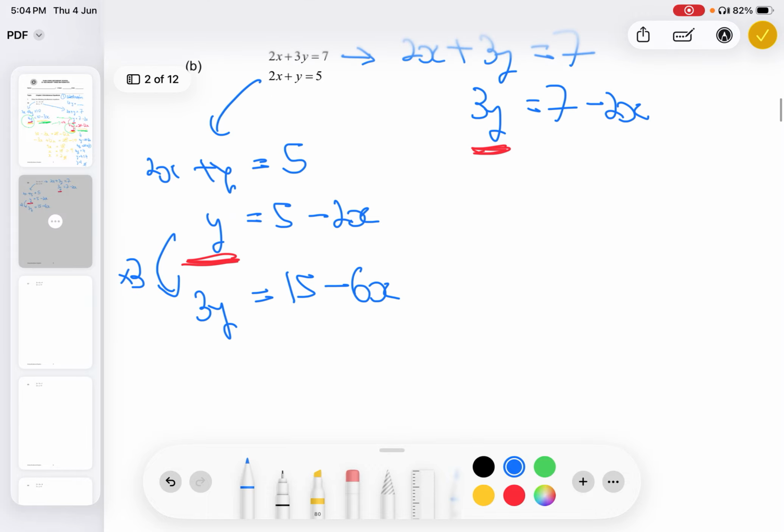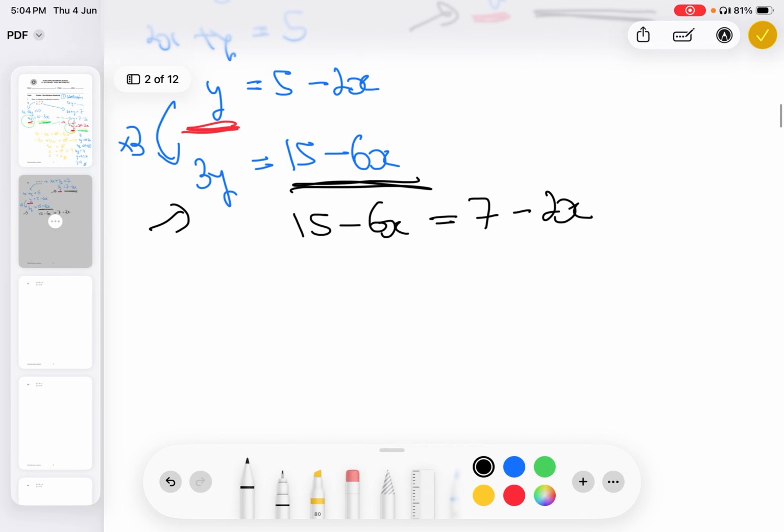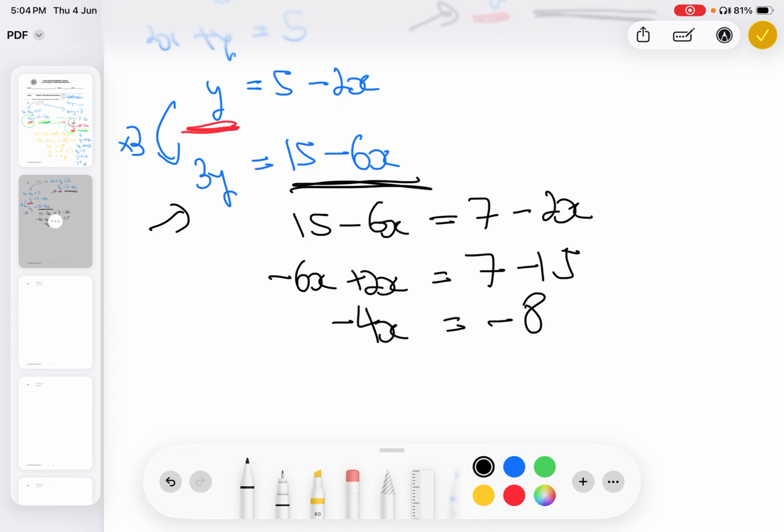Then now these two are the same. You see this part? Because these two are 3y and 3y. So 15 minus 6x equals 7 minus 2x. From here, I just solve for x. Minus 6x plus 2x, 7 minus 15. So this is minus 4x equals minus 8.